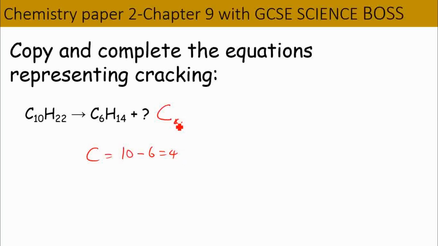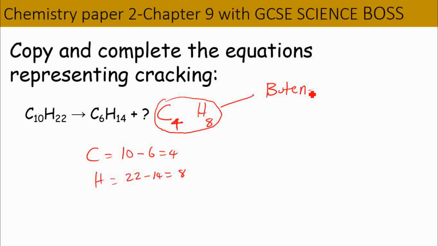That's going to be C4, and my hydrogen is going to be 22 minus 14, which gives me 8. So that's going to be C4H8. This right here is going to be my butene, because I have twice the amount of hydrogen there, and this is now going to be hexane.